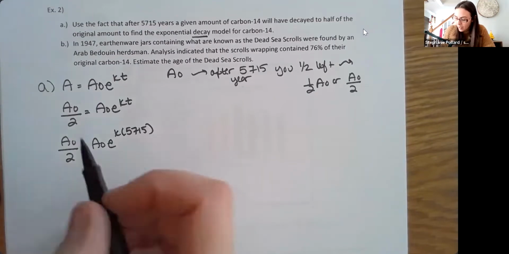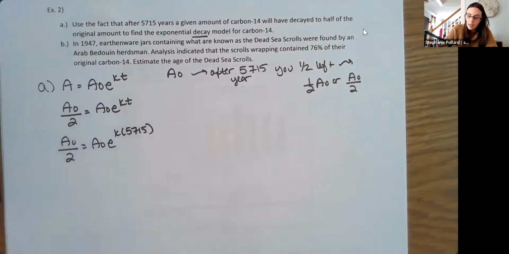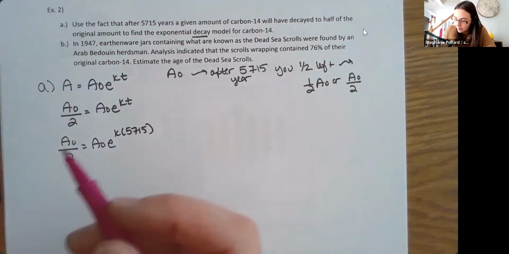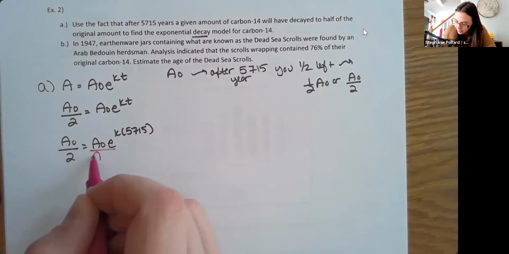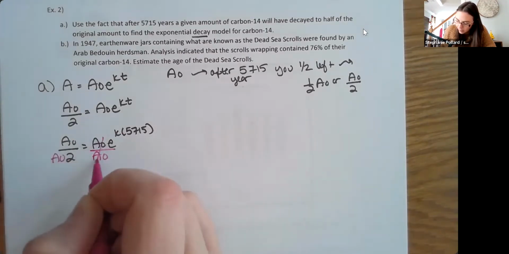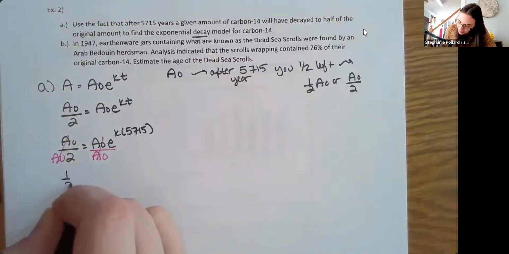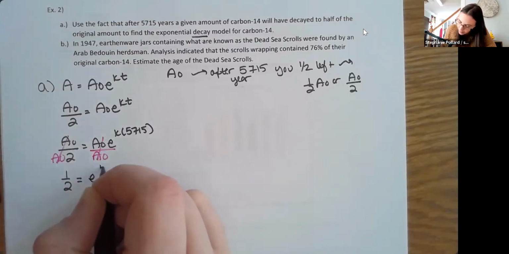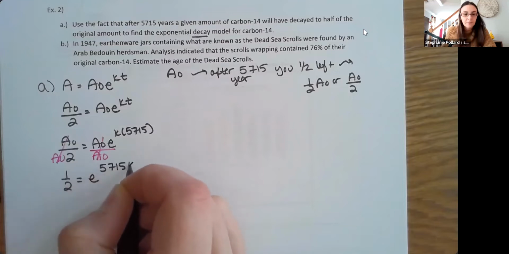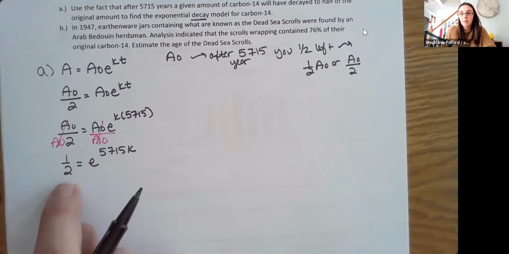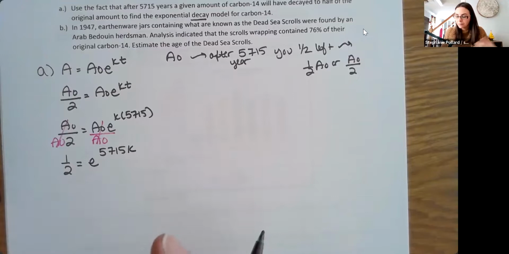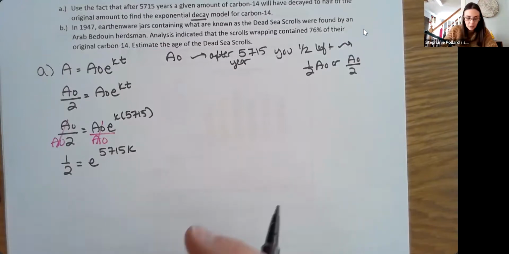This A sub 0 is kind of weird looking, but you can still divide both sides by A sub 0 to cancel it out. It cancels here and it cancels here. What you have left is just that half is equal to e to the 5,715k. Again, this half is there because you have half the amount left. Now we're going to solve.